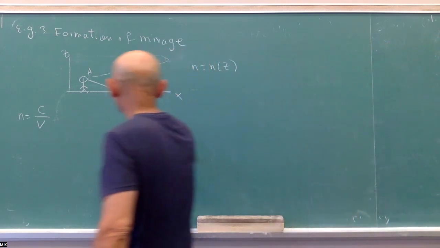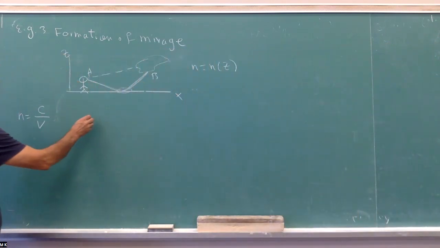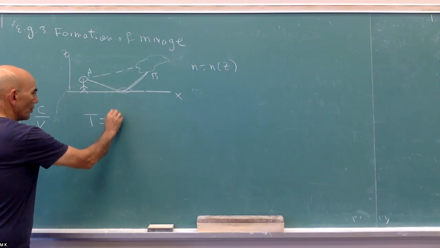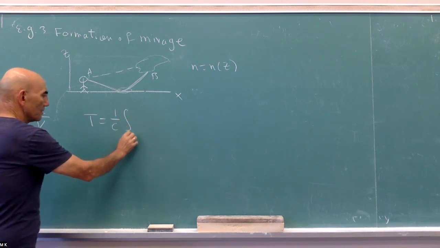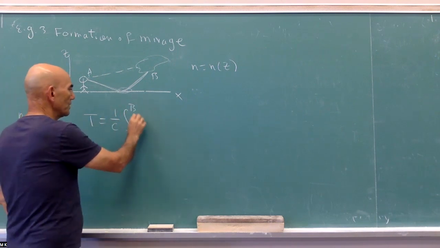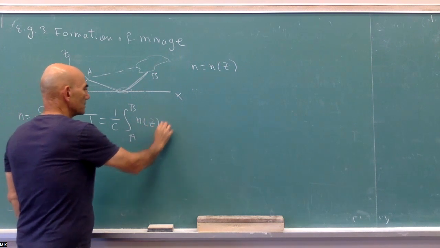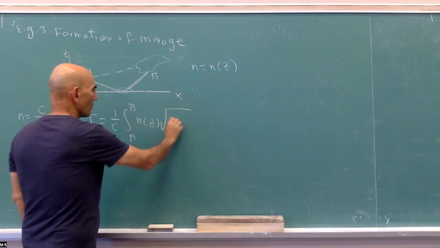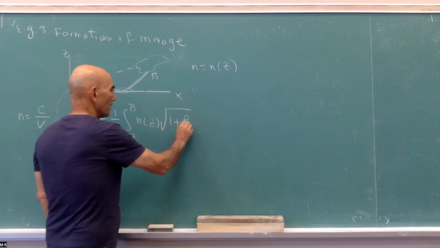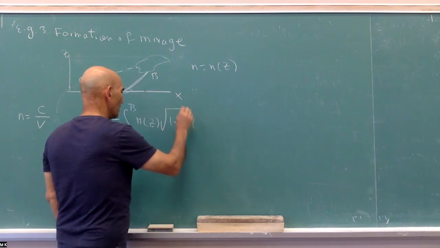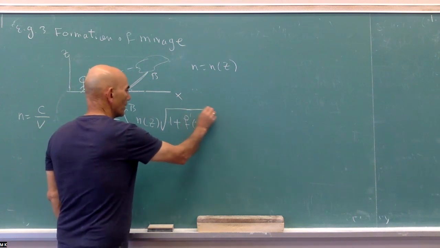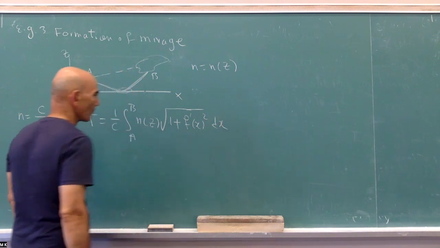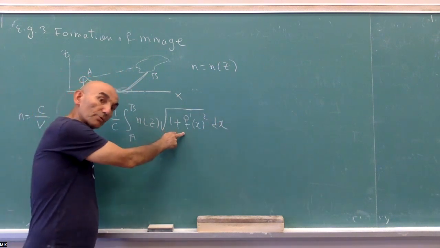So in this case, the Euler-Lagrange equations: T is equal to 1 over C integral from A to B of n of z, square root of 1 plus f prime of x squared dx. You see, this is the arc length, right?